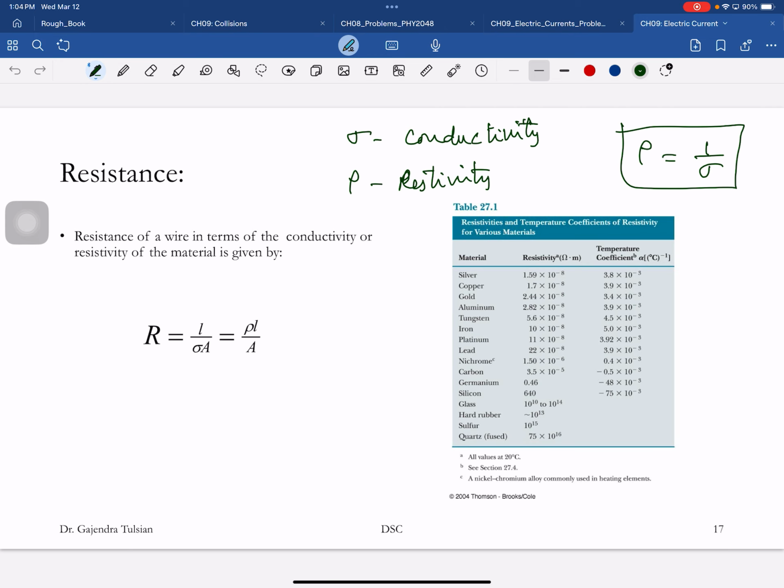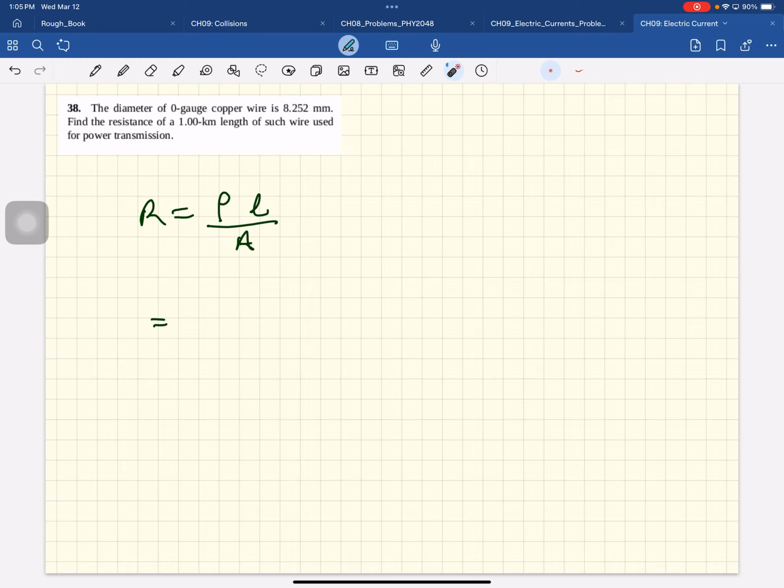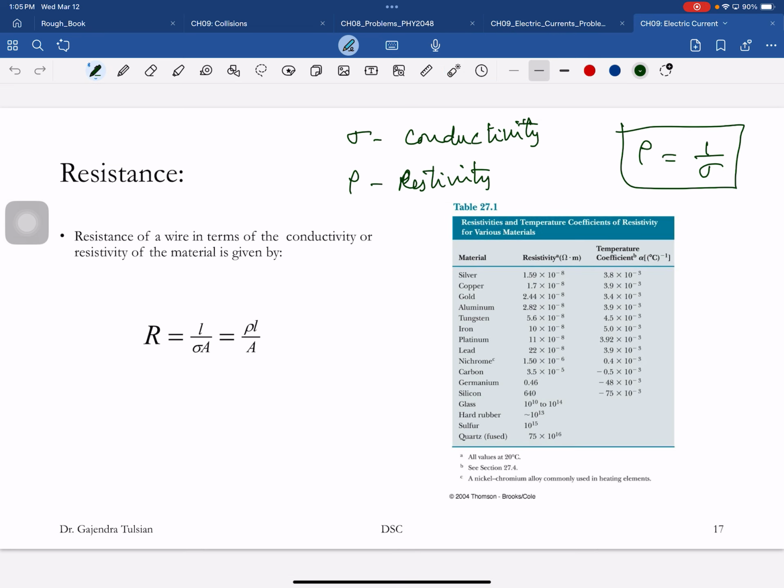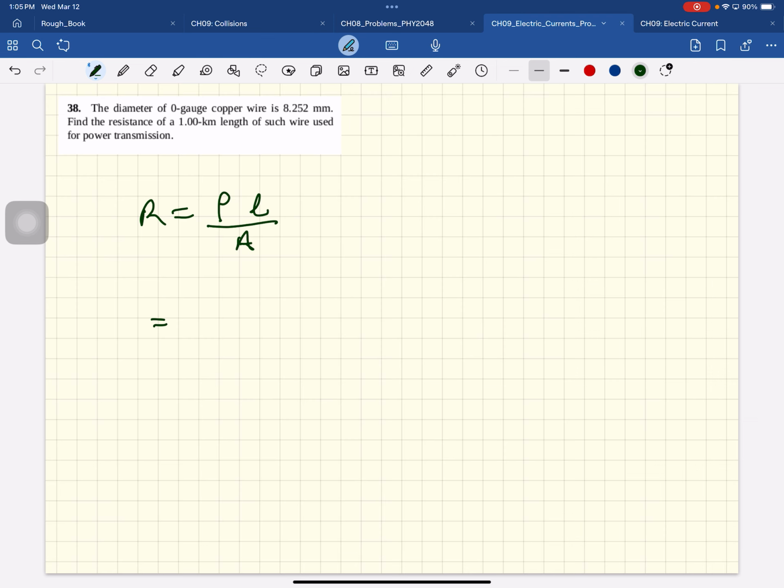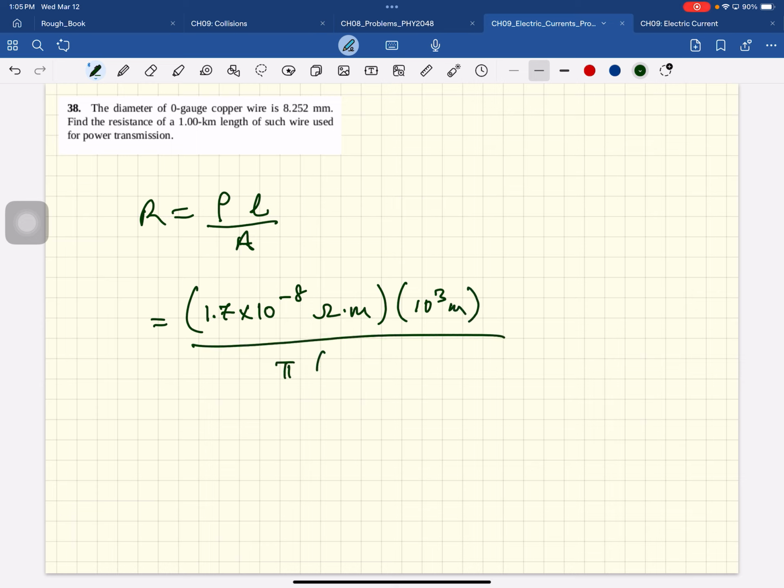Here's resistivity for copper, 1.7 times 10 to the minus 8 ohm meter are the units. The length is 1 kilometer, 10 to the 3 meters, and area is pi r square.